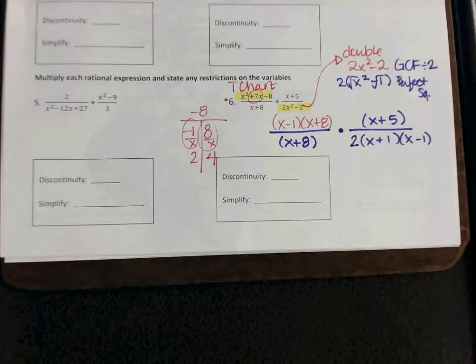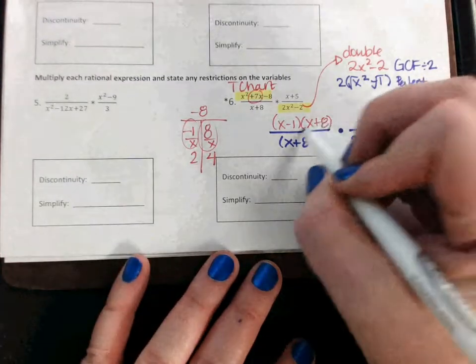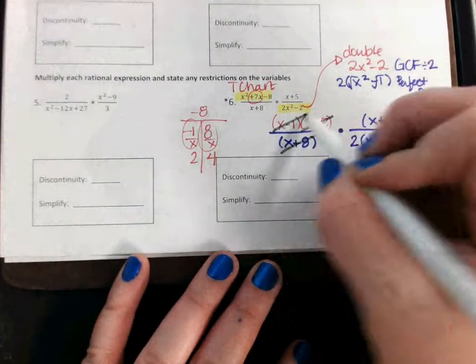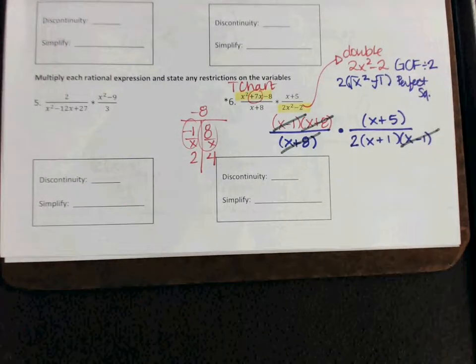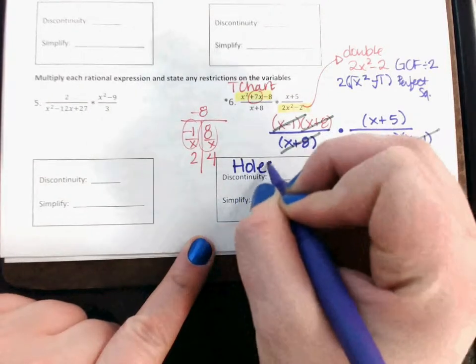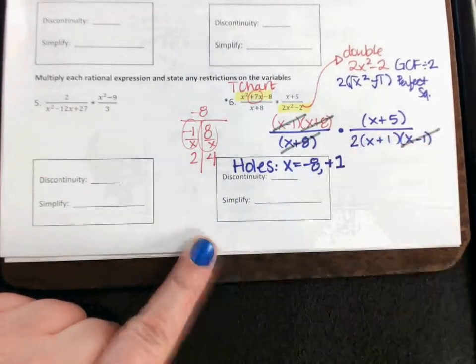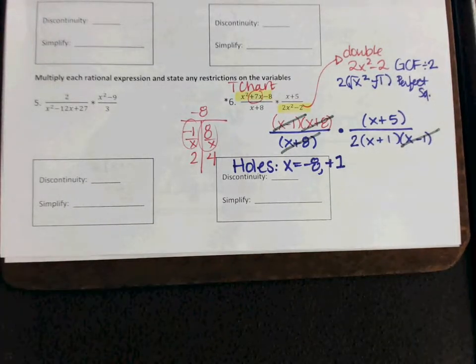Okay? Then you're looking to see what can cross out. What can cross out here? Okay, the plus 8s and the minus 1s. What does that create in the graph if they cross out? Holes. Okay, so I'm going to have holes at x equals minus 8 and positive 1. Okay, because those are the ones that crossed out.